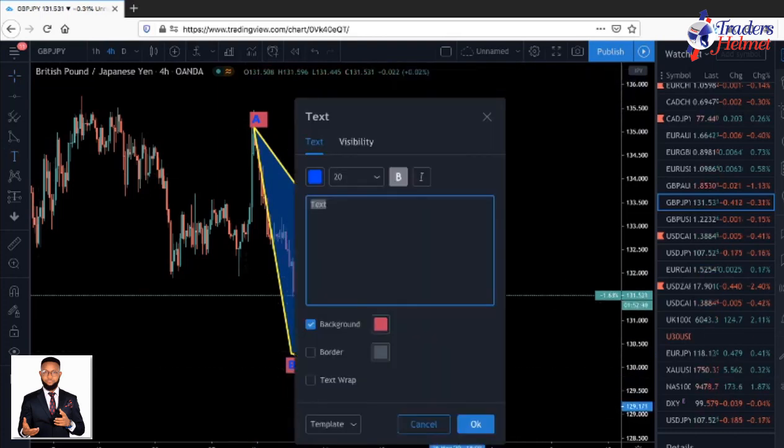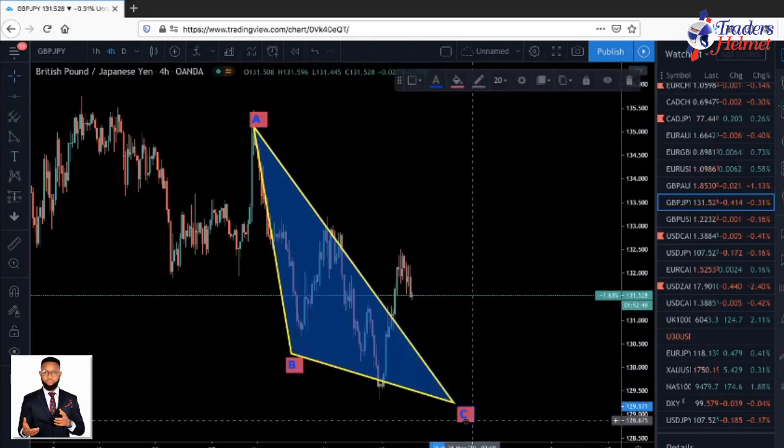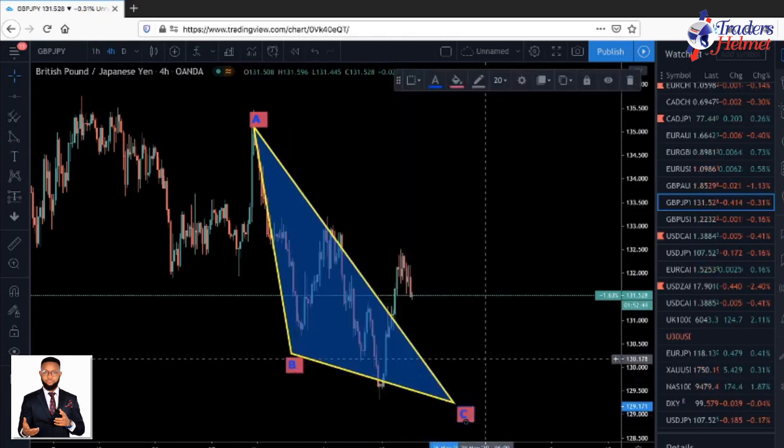So this is our point C. Right, guys, so this is it. Now the space times angle is a formula. Note, all rhombus are reversal pattern except one of them.